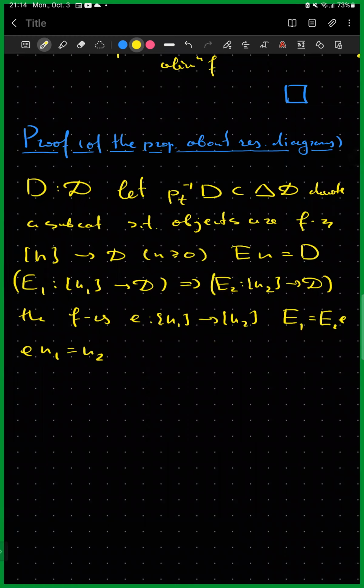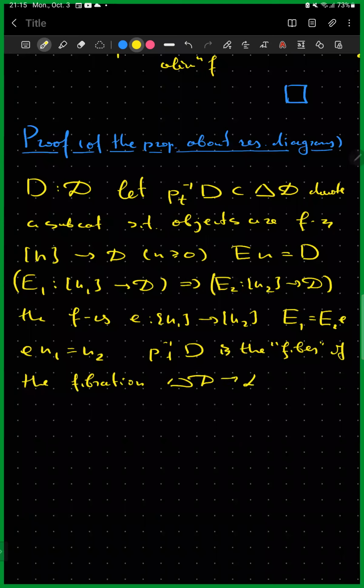So this is sort of the fiber of the projection from the simplex category delta D to D.